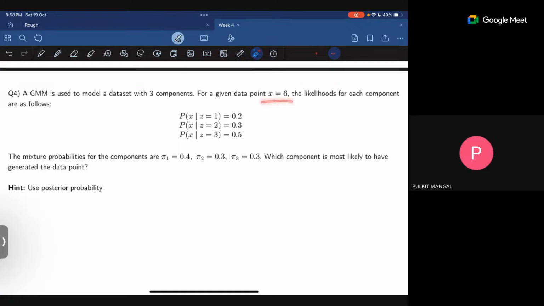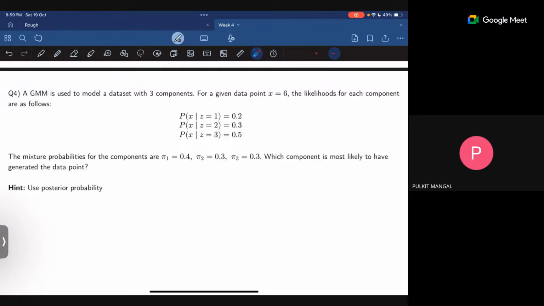Now for a given data point, that is x equal to 6, the likelihoods for each component are as follows. Probability of x given z equal to 1 is 0.2, given z equal to 2 it is 0.3, and given z equal to 3 it is 0.5. The mixture probabilities for the components are pi1 equal to 0.4, pi2 equal to 0.3, and pi3 equal to 0.3 also. Which component is more likely to have generated this data point?